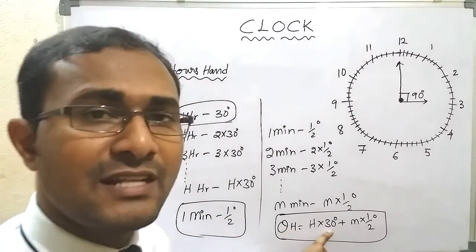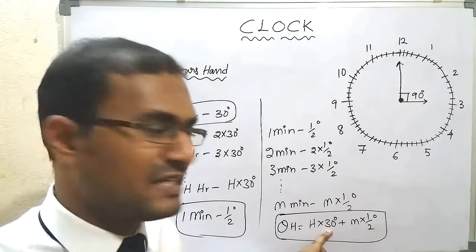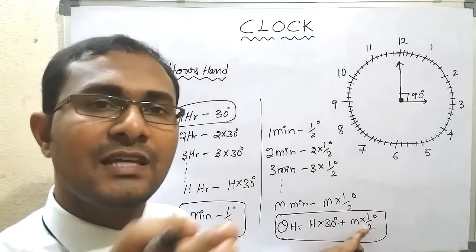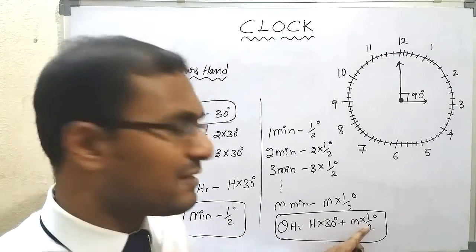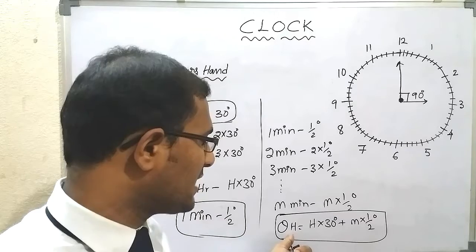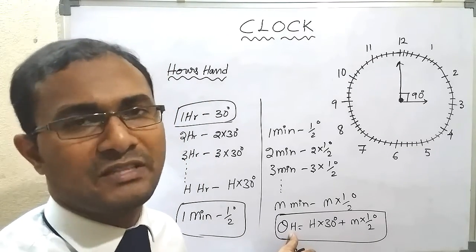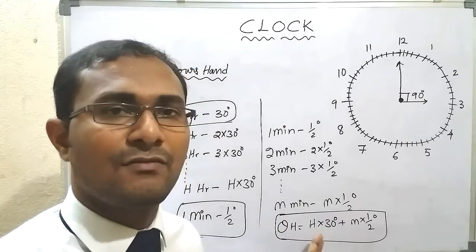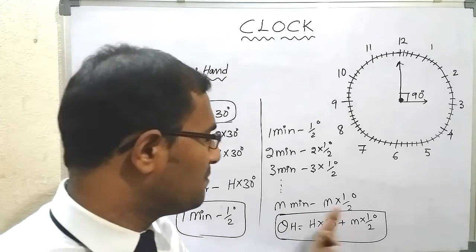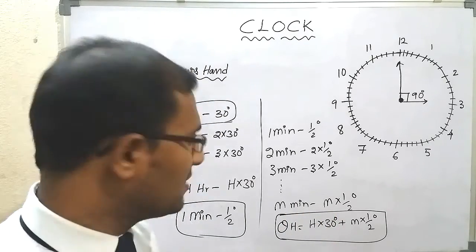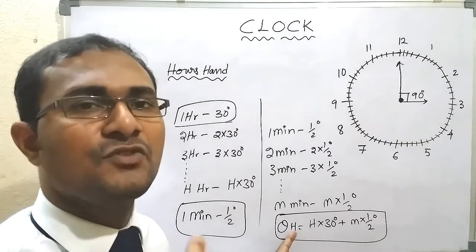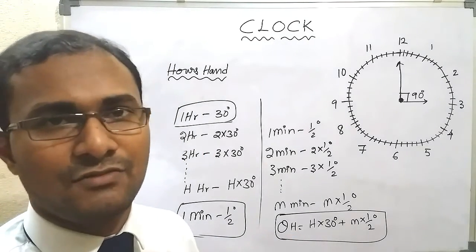The angle covered by the hours hand is denoted with theta h according to our methodology. Theta h is equal to hours into 30 degrees plus minutes into half degree. This is the simple formula to find the angle covered by the hours hand.